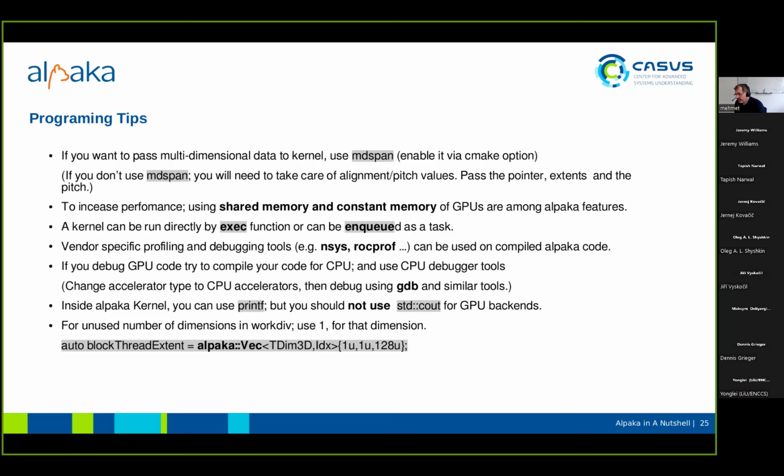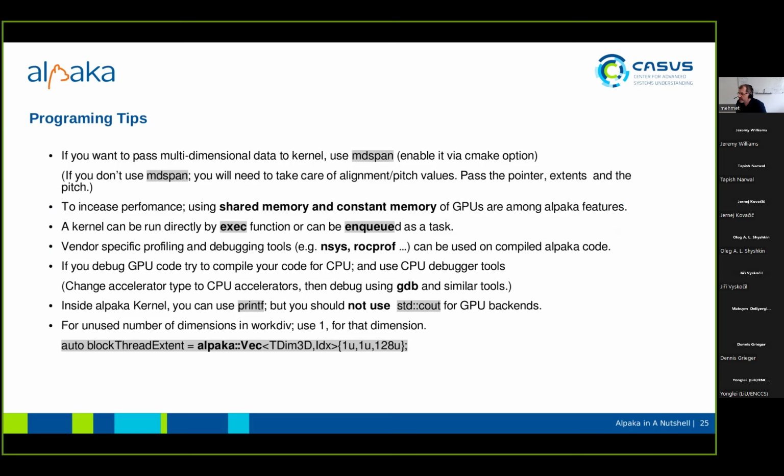If you want to pass multi-dimensional data to the kernel, because we said at the beginning that pointers and trivially copyable types are passed to kernel, please use mdspan. If you don't use mdspan and you want to pass your multi-dimensional data as a pointer, you will need to take care of alignment and pitch values.